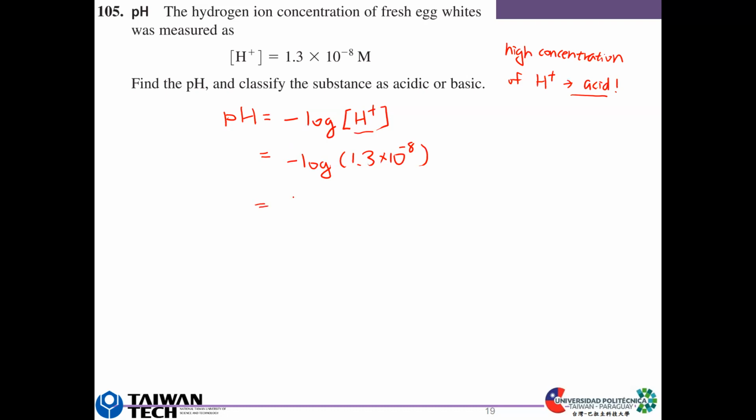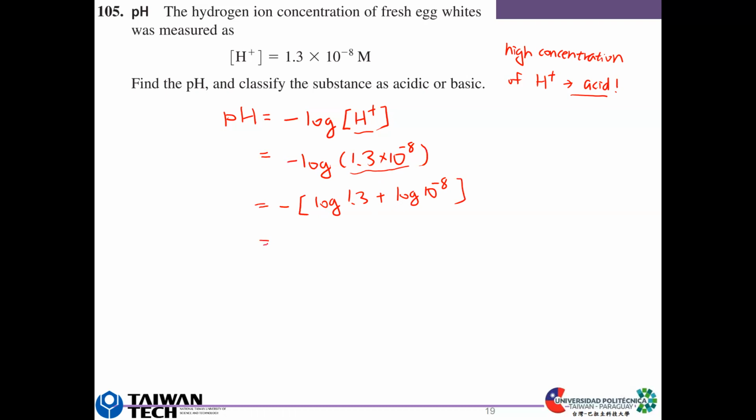The multiplication within the log function is equivalent to the summation of two independent log functions.